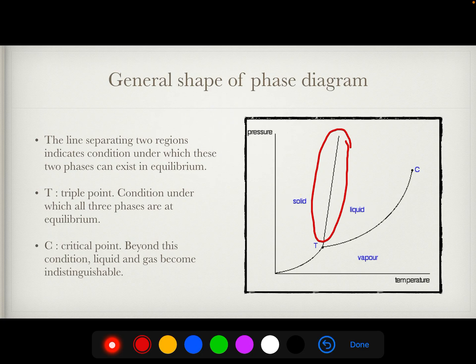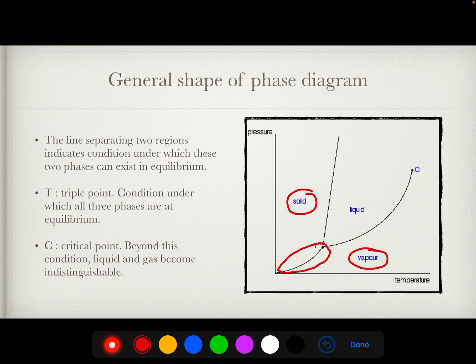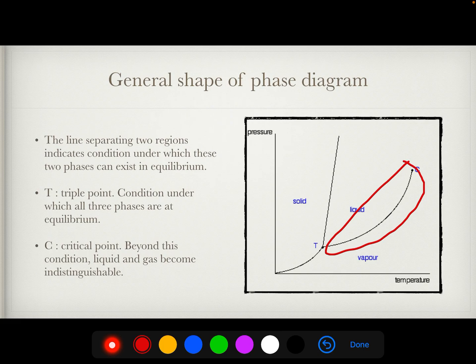If we look at this line, it is showing us the equilibrium condition between solid and vapor. While the last curve shows us the equilibrium between liquid and vapor.